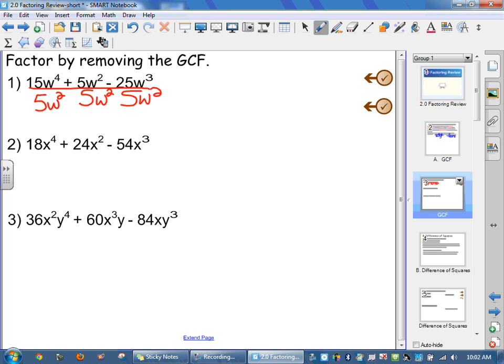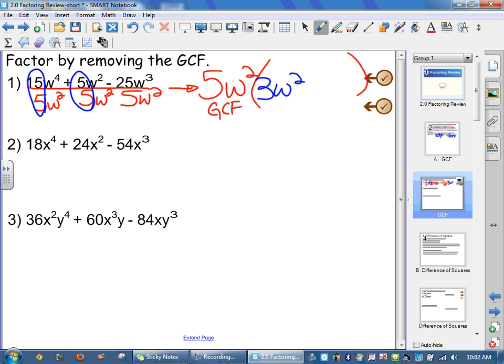My final answer is going to have 5W squared as my GCF. It goes on the outside of brackets. Now I divide, and the answer goes inside. 15 divided by 5 is 3. How many W's left? 2. Good, W squared. Over here, 5 divides by 5 how many times? Positive 1. The W's disappear because 2 subtract 2 is 0.